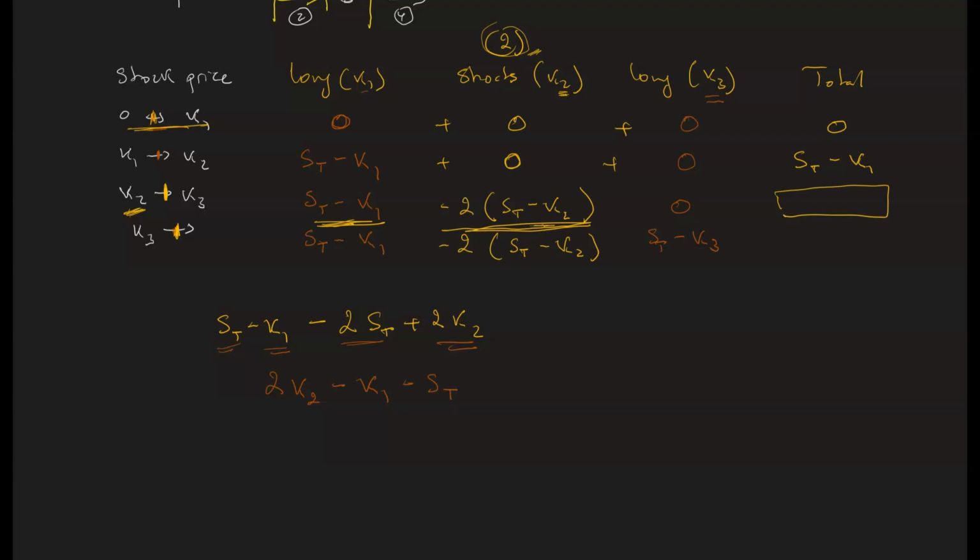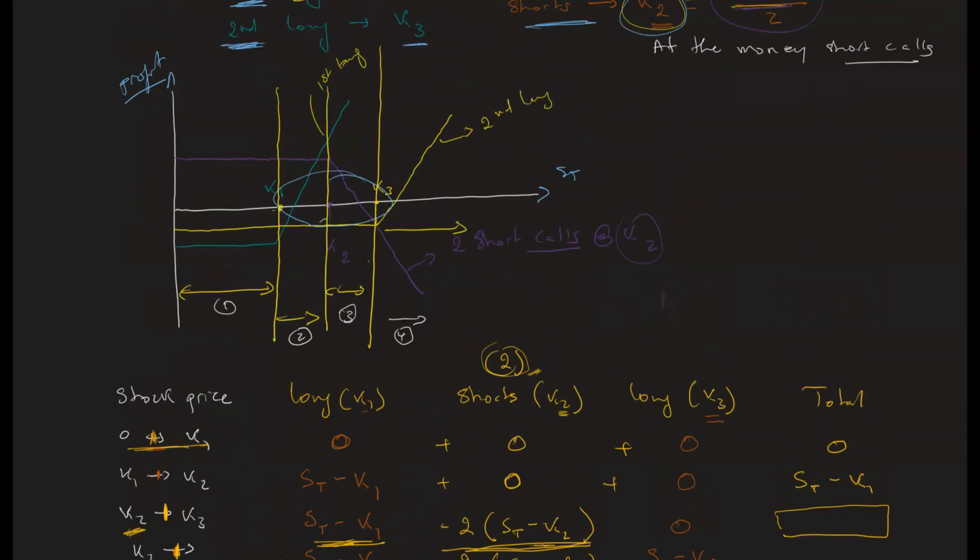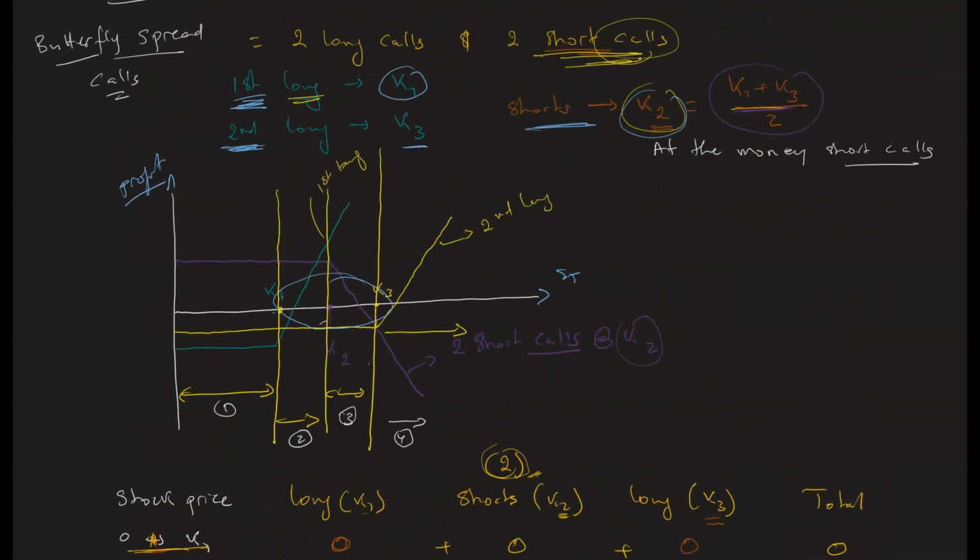Now, what is the difference between 2 times K2 and K1? Well, you remember that early on we said that K2 was equal to K1 plus K3 divided by 2. That's what we had.